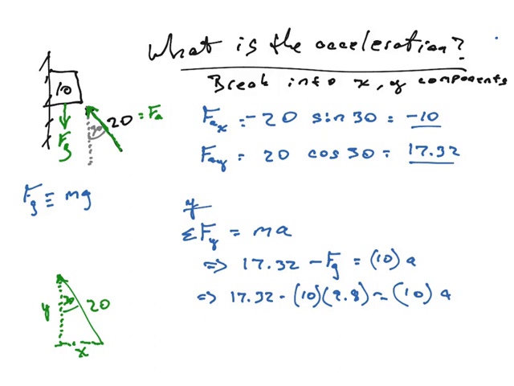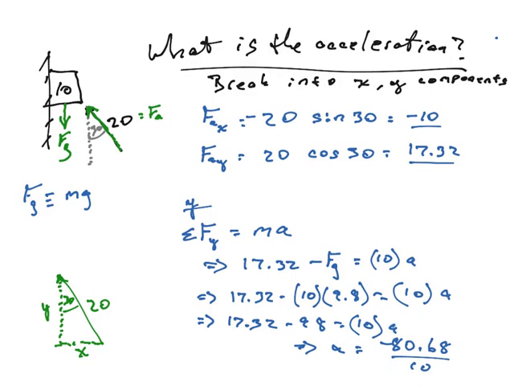All right, so here's my equation. 17.32 minus 98 equals 10 times a. A then must equal 17.32 minus 98, which is negative 80.68, divided by 10 to get the 10 on the other side.